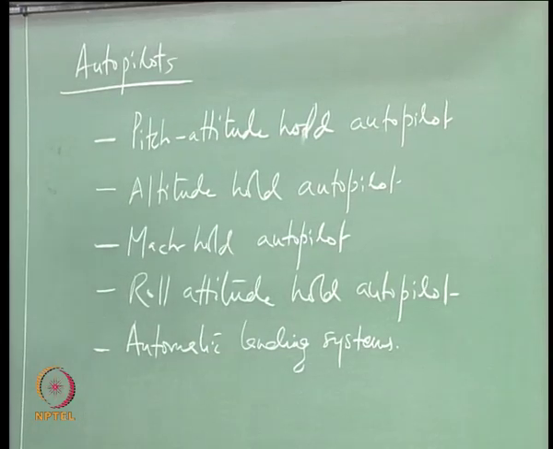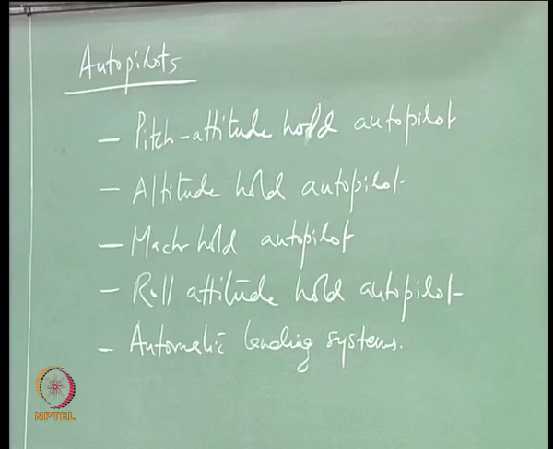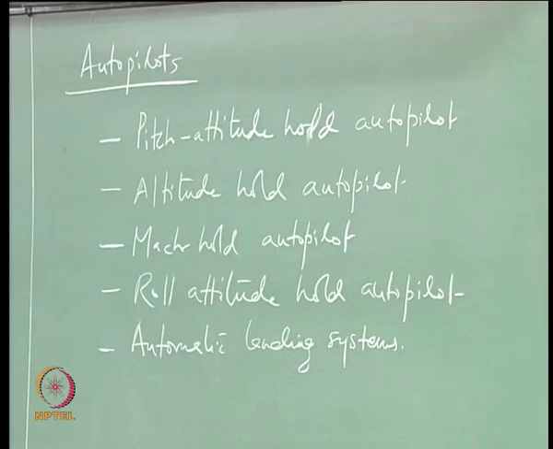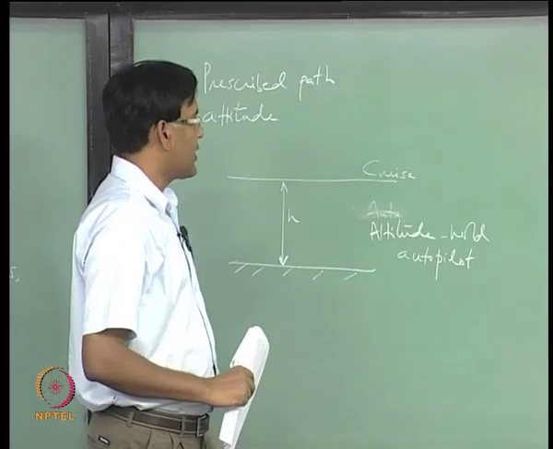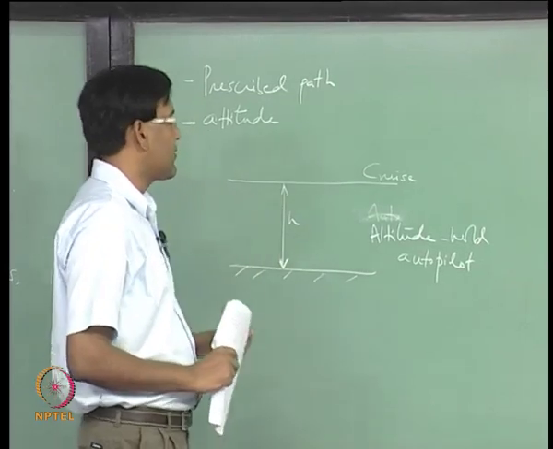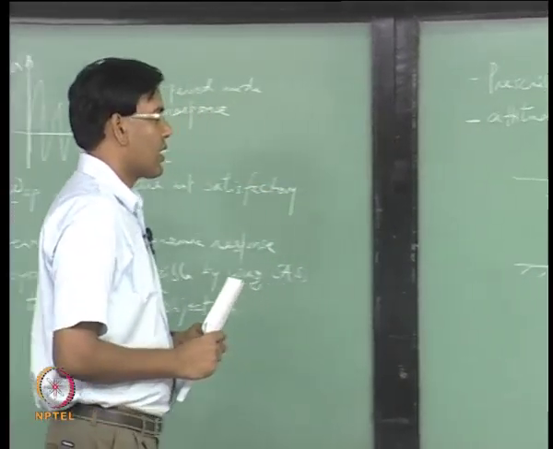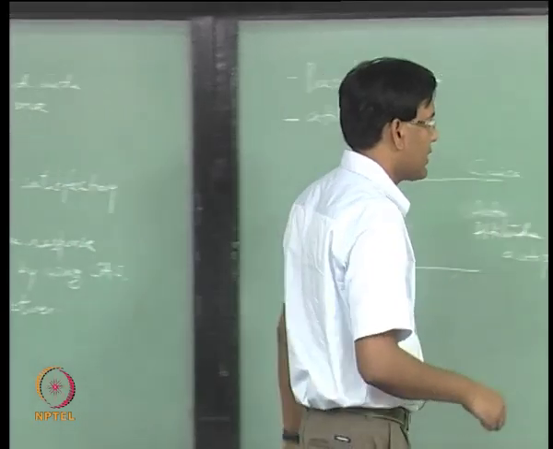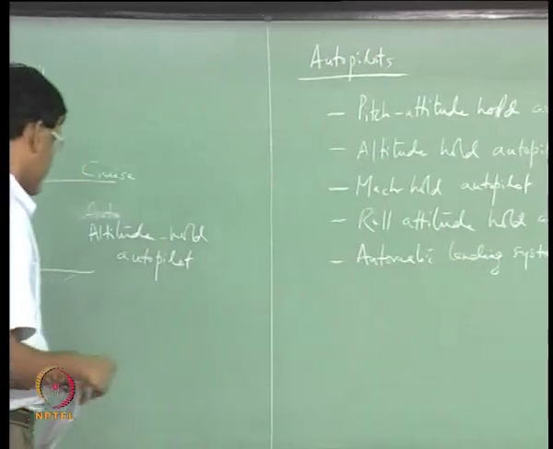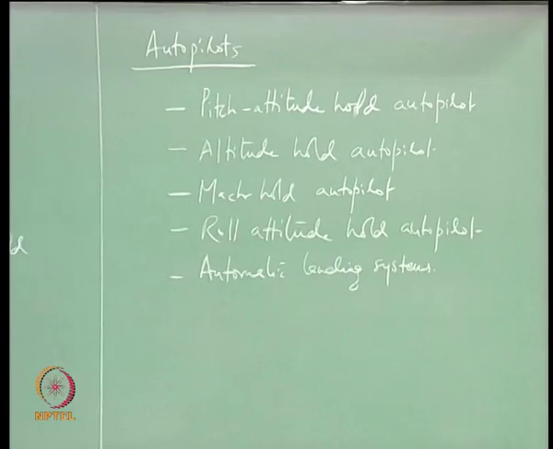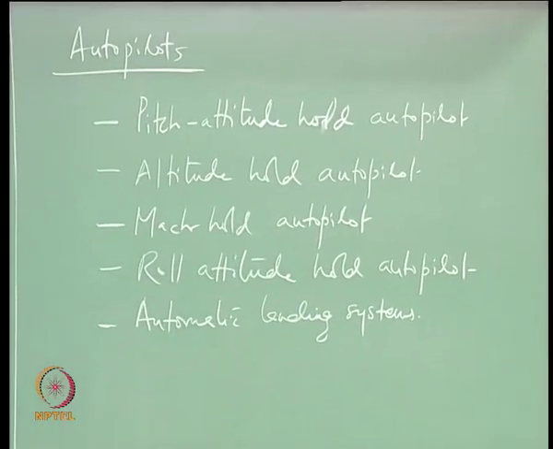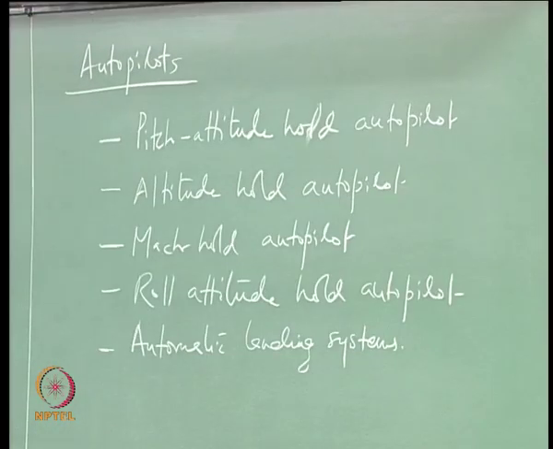The pilot does not have to keep holding the stick to maintain, for example, the altitude in case of cruise level flight, or a bank angle in case of a sustained steady level turn. So, we will look at each one of them in some detail, not exactly giving the complete detail.